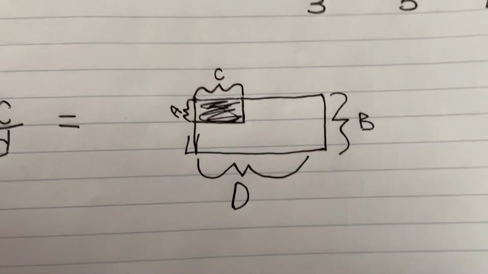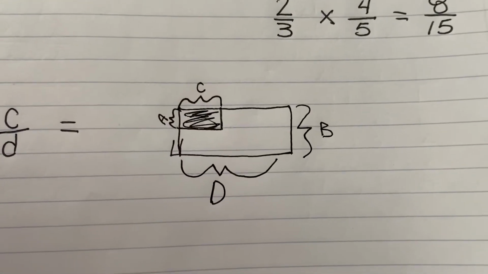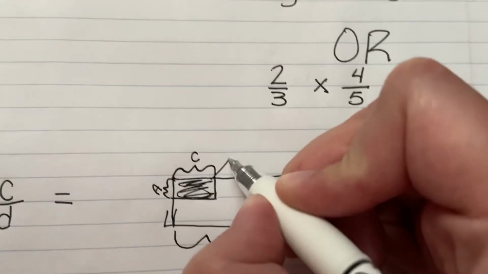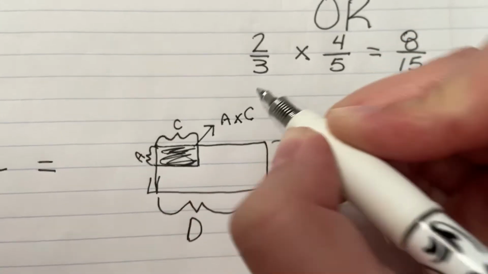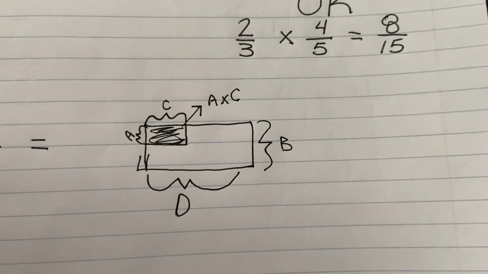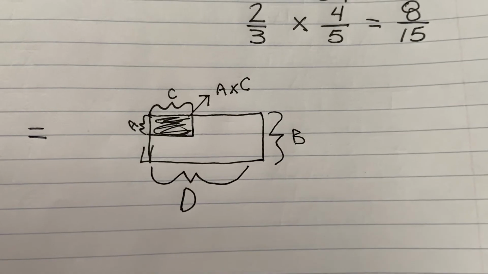The filled in part is what we said the numerator was. This now shows us that the filled in part is A times C. The denominator we discovered was how many pieces it was broken into total.